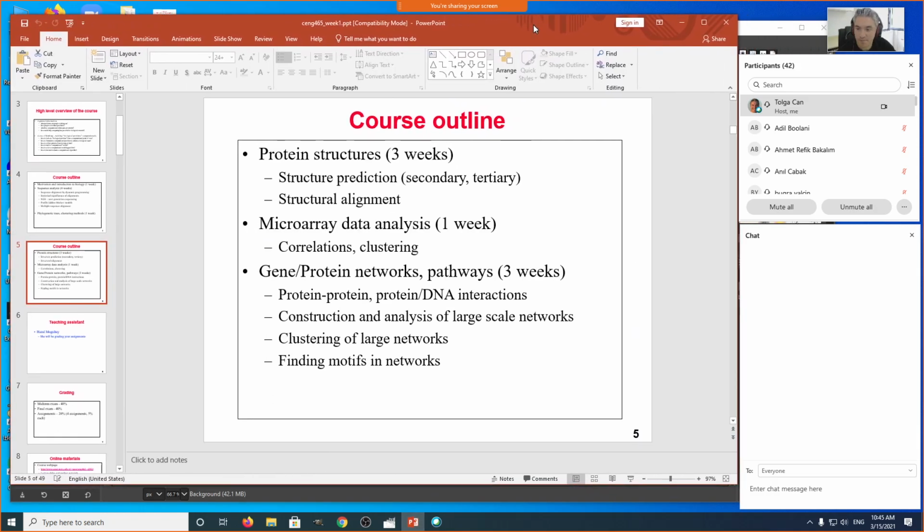Okay, so let me first finish the remainder of the syllabus-related material, and then I will start talking about, for example, the sequence alignment method, or maybe the phylogenetic tree method that I mentioned as an example lecture.